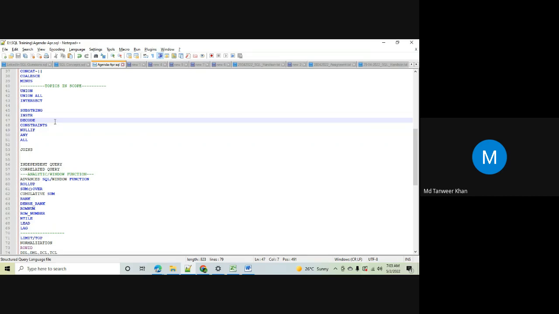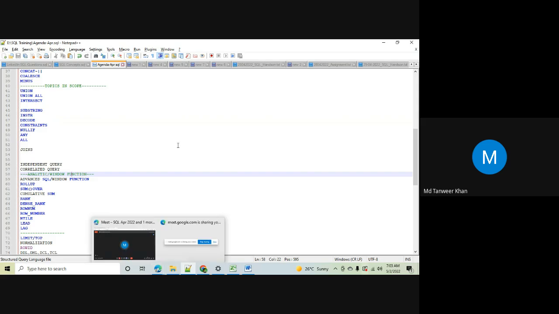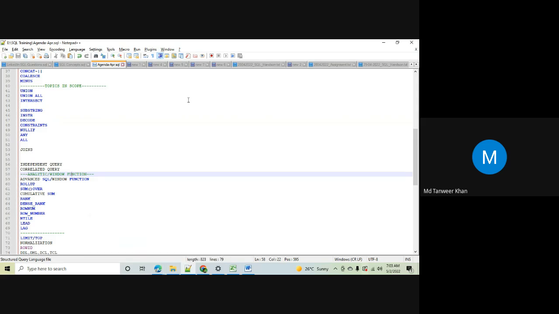And topics which will be left behind, if any, on Friday, then we will plan accordingly. But I don't want to increase or decrease the speed because you guys already have mentioned that it is fine. So I'll go with that speed only.